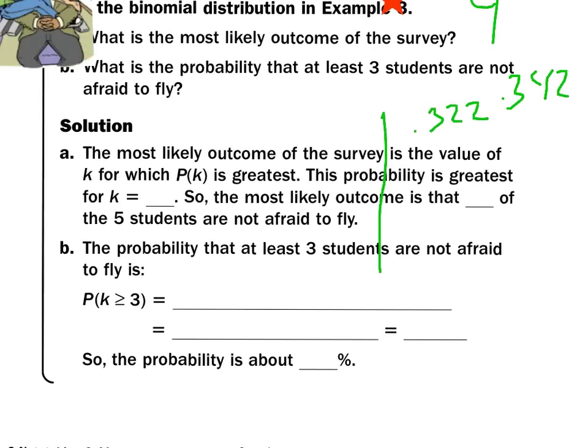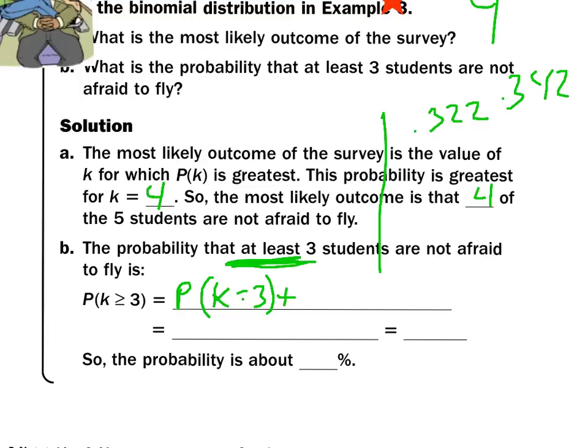So it says the probability is greatest would be 4. We just said that. The outcome that 4 of the students, because that was 0.342. And then what's the probability that at least, important word right here, at least 3 students are not afraid to fly? Well, then I'm doing the probability of k equals 3 at least. So it could be 3, but it could be 4, and it could be 5.